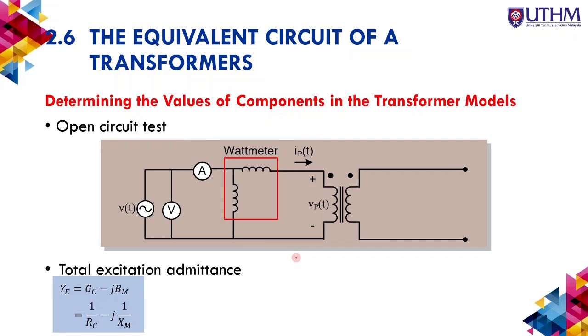At this point, when we use the open circuit test, the series elements RP and XP, which are usually there, are actually very small compared with RC and XM. The high voltage drop is across RC and XM. So we can ignore them at this point, as if they are not there. So there are many assumptions made here. We assume the current flowing through the ammeter goes directly into the branch. Remember this branch.